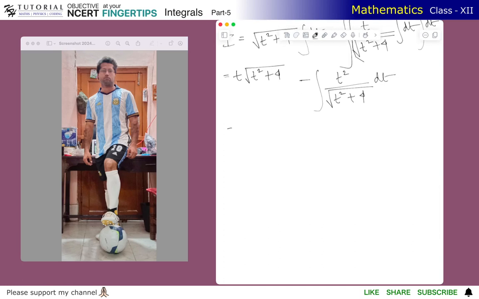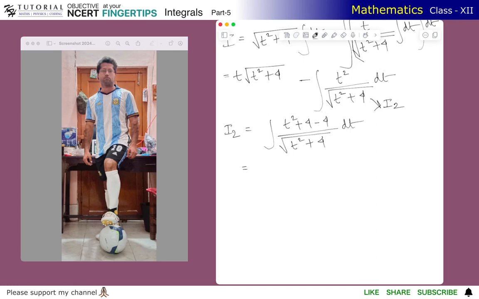Let's say this is I2. So we are solving I2, the integral of t square by root over t square plus 4. Instead of t square, we can write t square plus 4 minus 4, divided by square root of t square plus 4 dt.